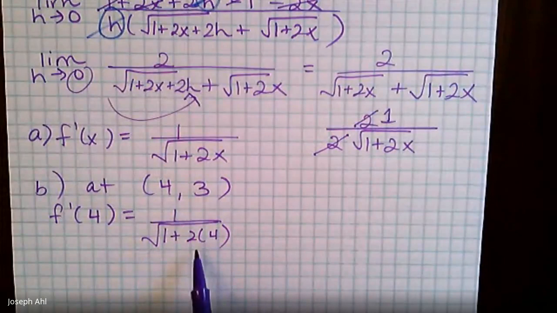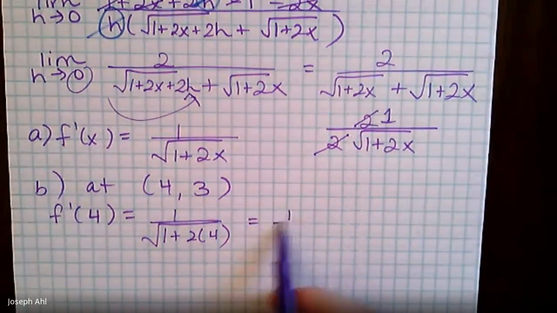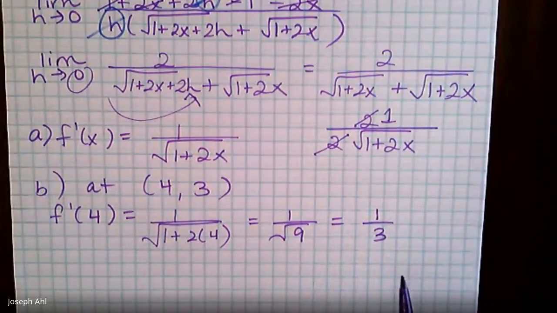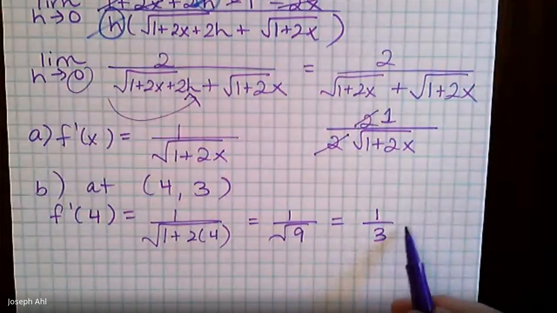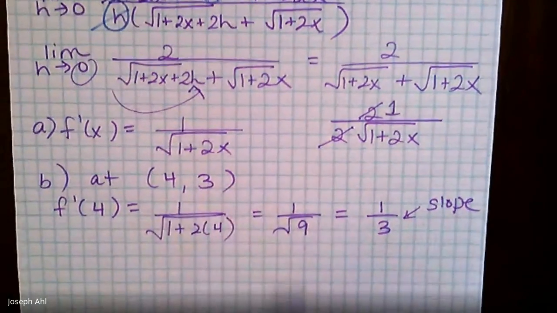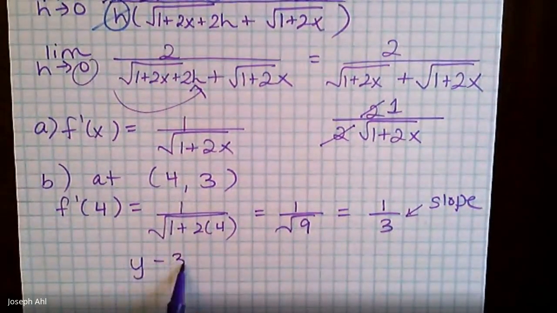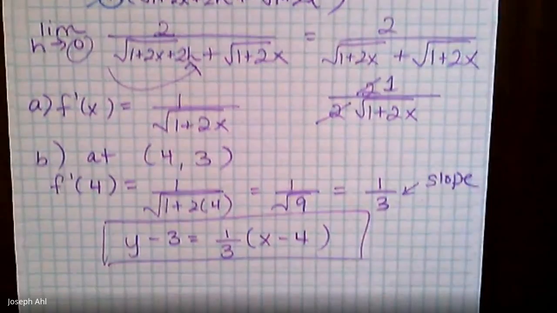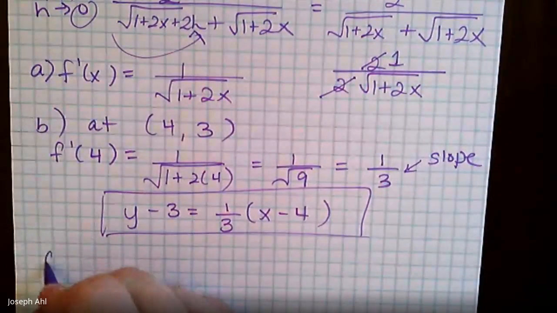What that makes under the radical is a 9. 1 over radical 9 is the same thing as 1/3. So if this is the slope of the tangent line and it contains the point 4, 3, your equation would be y minus 3 equals the slope of 1/3 times x minus 4. So there's your answer to part B.